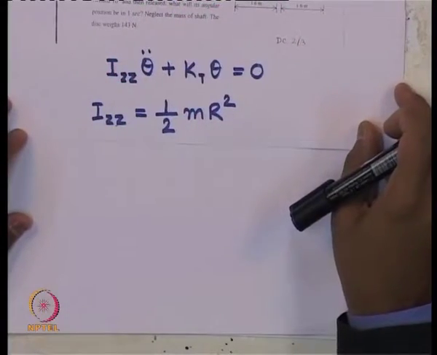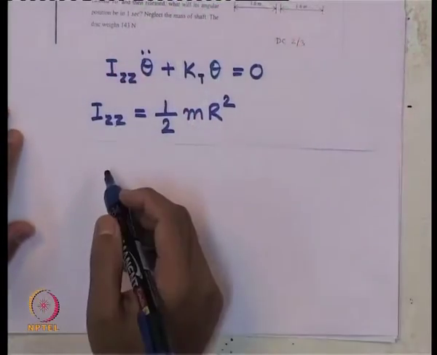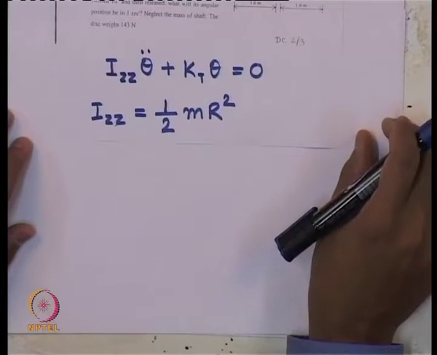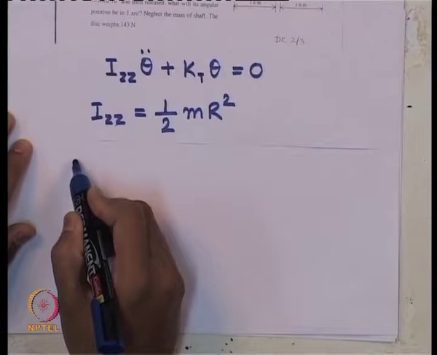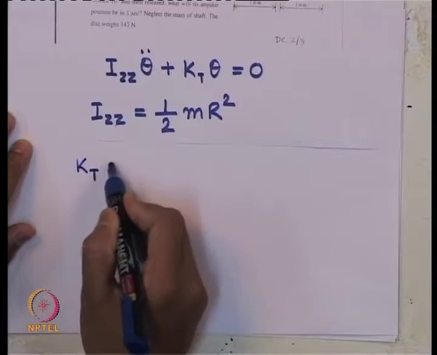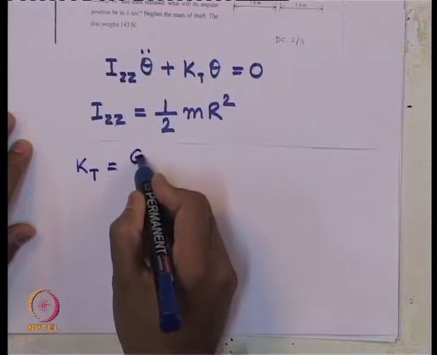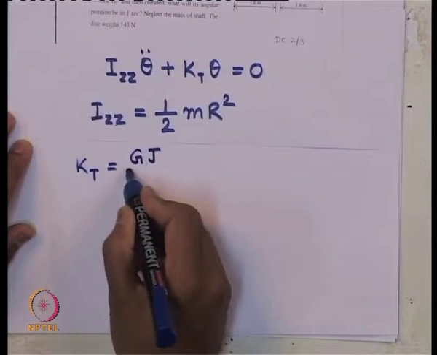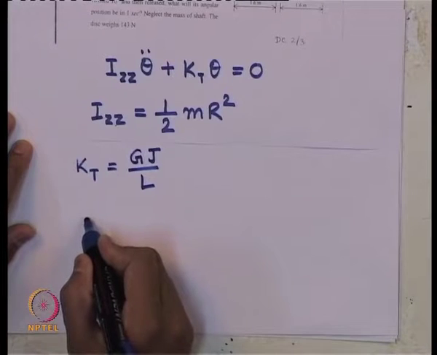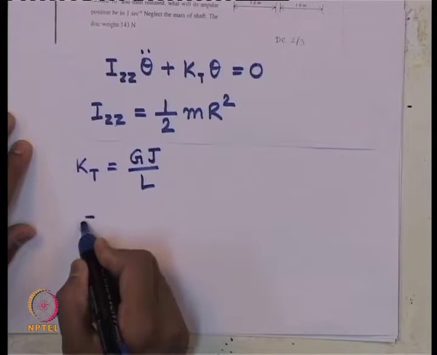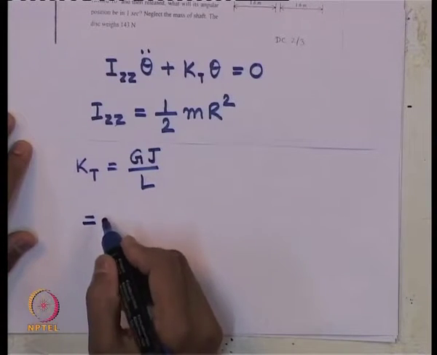With this information, now let us find out the k_T due to the presence of the two circular shafts. The expression for k_T we have seen is G J by L. From the two shafts, how much is G?